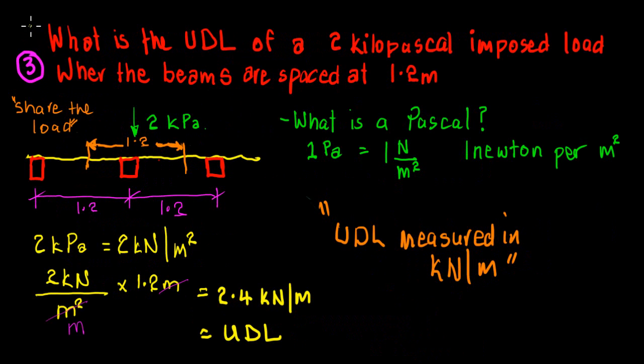And this is, what is the UDL of a 2 kilopascal imposed load where the beams are spaced at 1.2 meters, as shown in the diagram here.